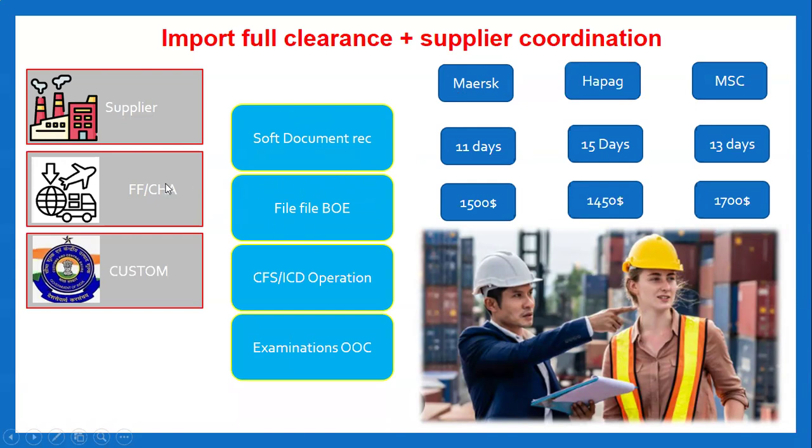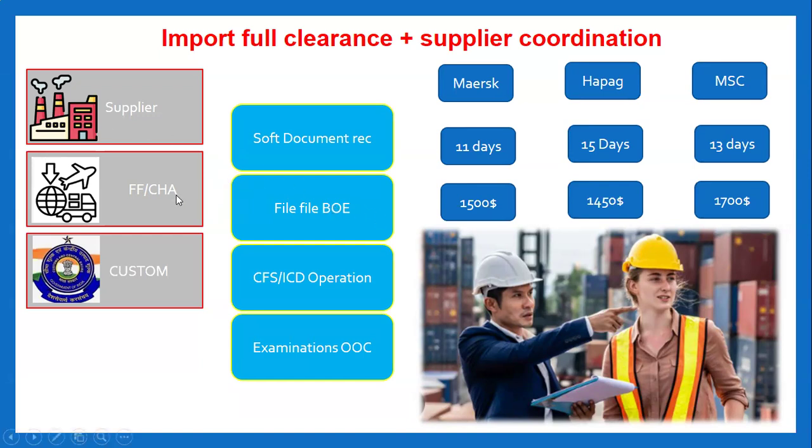First, the CHA sends us the draft copy of the bill of entry, which is called a checklist for approval. We need to check the checklist properly, whether all details are okay or not. If we approve anything wrongly, then it will be a problem in the import and from a future perspective also. So check properly, then proceed.